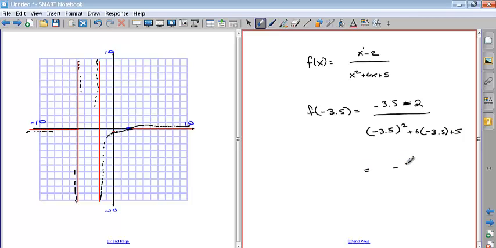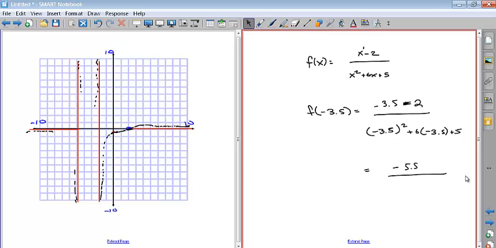So in the numerator I have negative 5.5, and in the denominator, let me get my calculator. Let me pause for a second here.